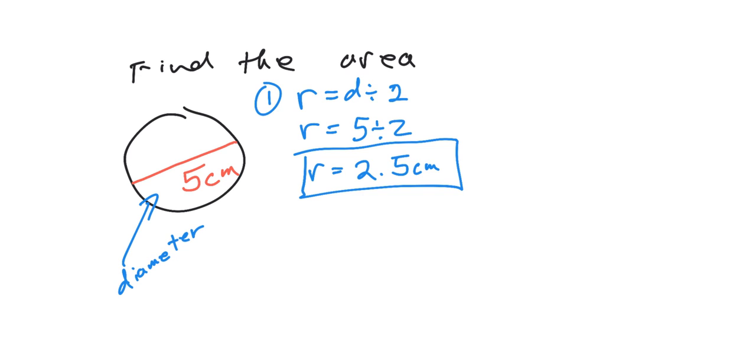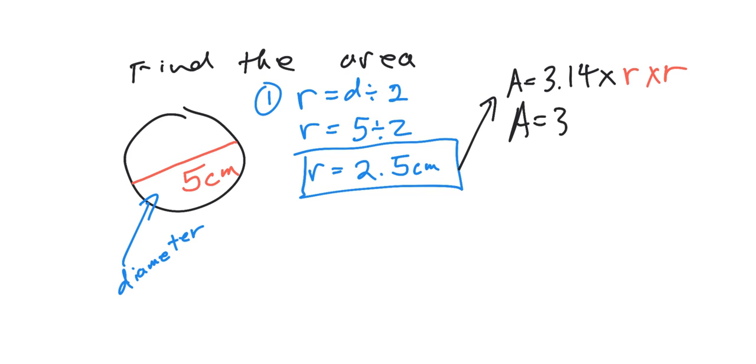So we have a radius of 2.5 centimeters. And now, from before, we practiced this several times. The area of a circle is 3.14 times r times r. So now we'll just replace the r's in our calculation with our 2.5 that we have right here.